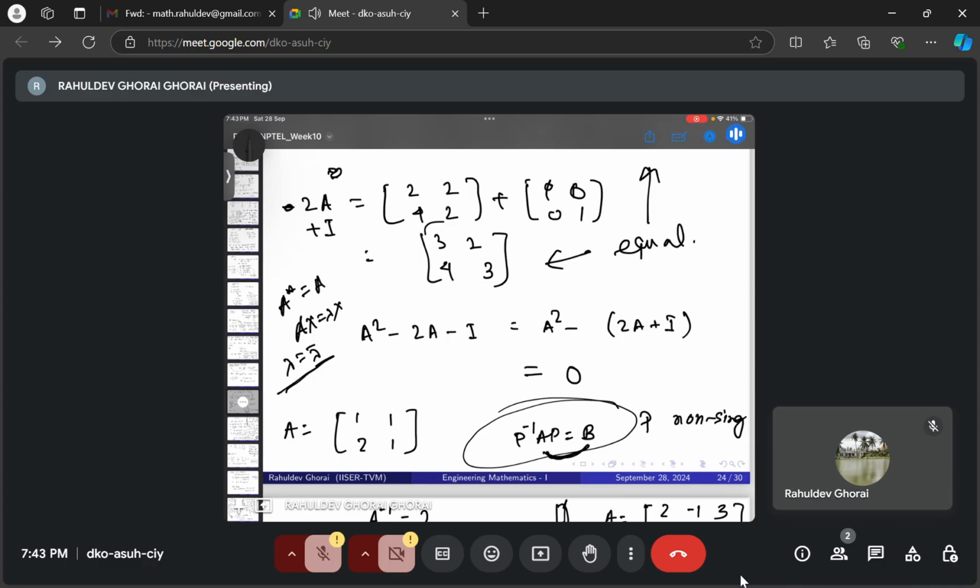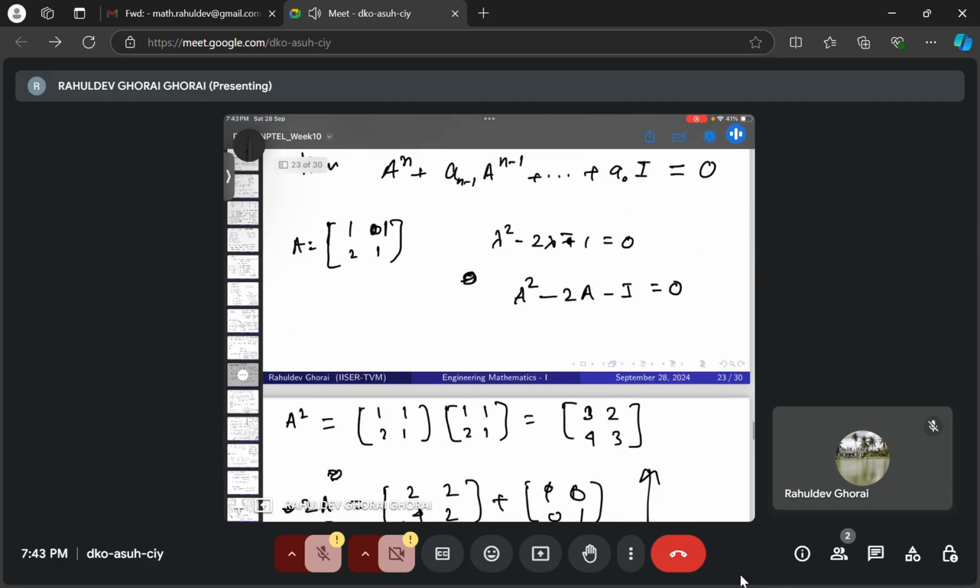Why are we saying this? Because for a real matrix also you can get complex eigenvalues. How? Let's say you have the matrix 0, minus 1, 1, 0.